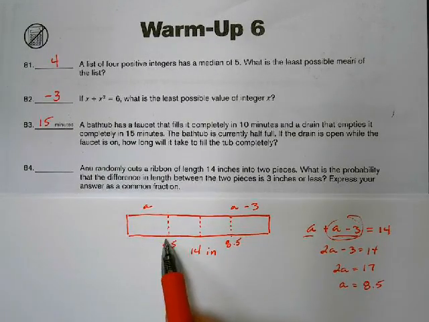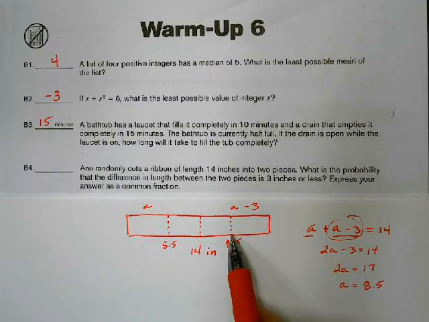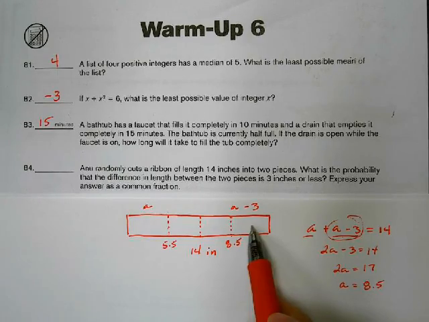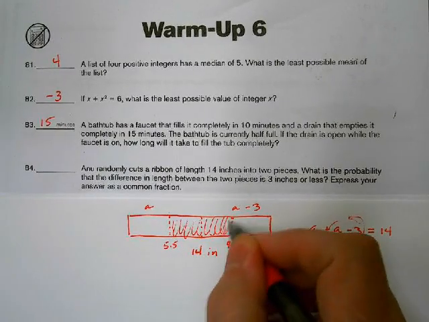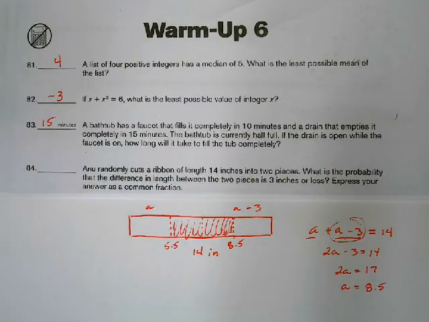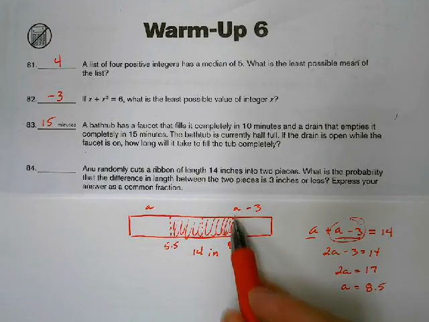If I made the big cut 8.5, I would have 5.5 over here, and that would make a difference of 3. So basically, any cut in between here would work, because this is the maximum cut I can make. A cut down here at 5.5 and a cut down here at 8.5.